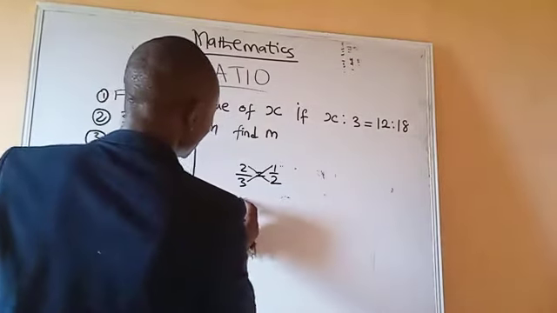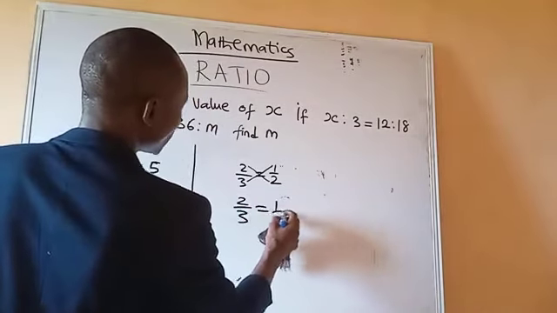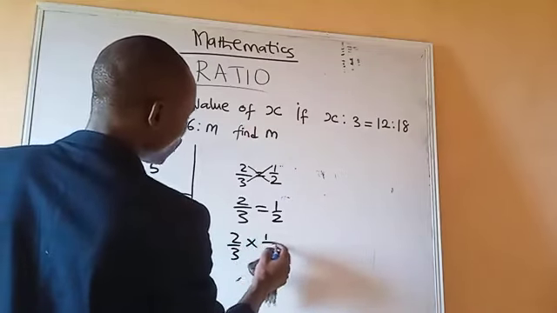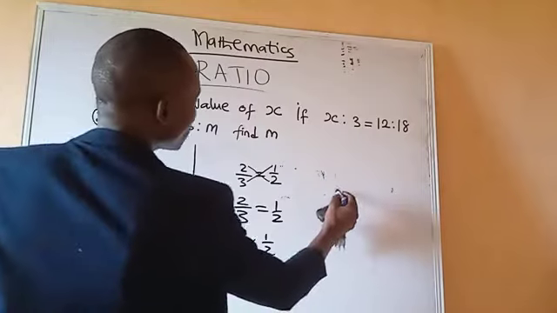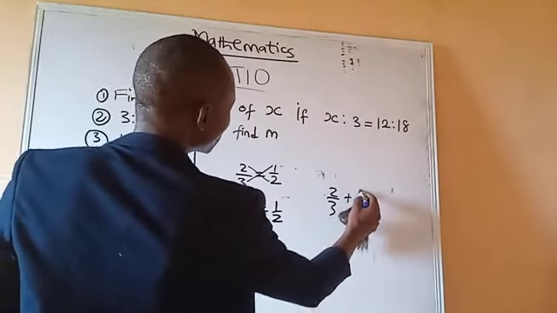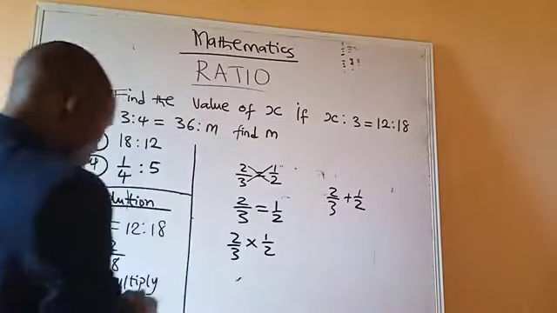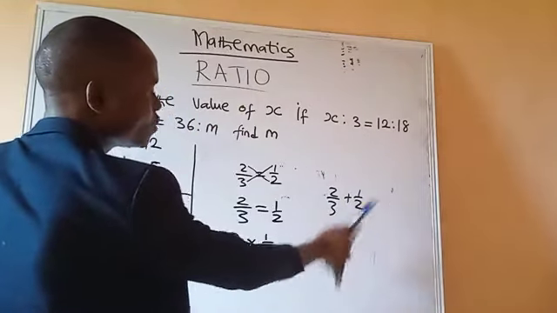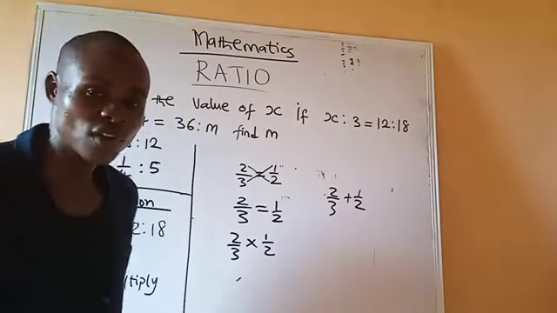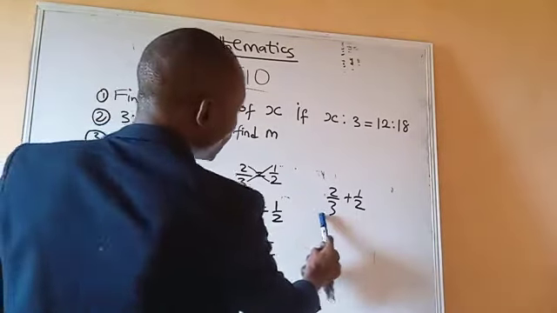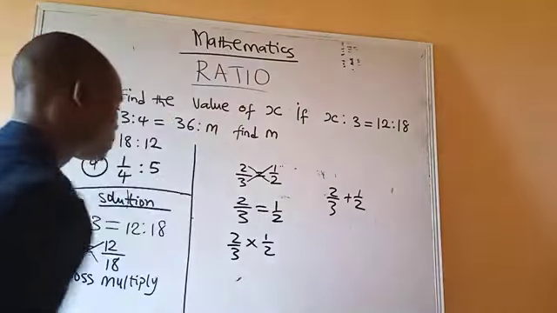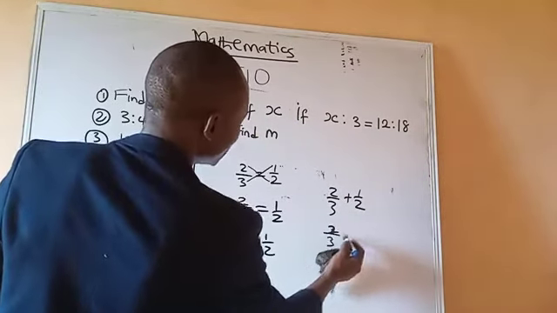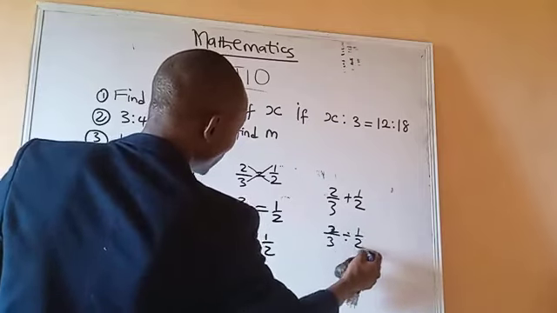The difference between 2 over 3 equal to 1 over 2, and 2 over 3 times 1 over 2, and also 2 over 3 plus 1 over 2. Here, you are talking about addition of fraction. And I told you when you are dealing with addition and subtraction of fraction, the first thing to do is to look for your LCM. Then another one again is 2 over 3 divided by 1 over 2.